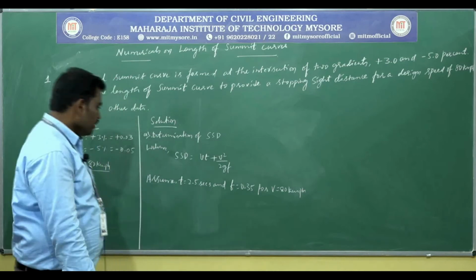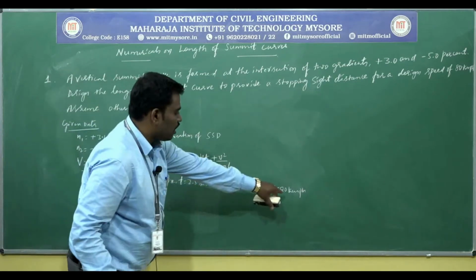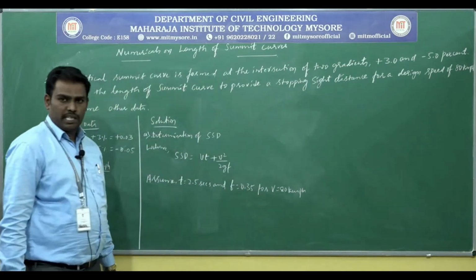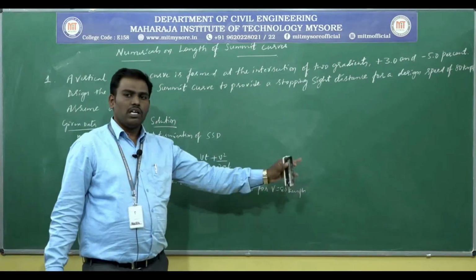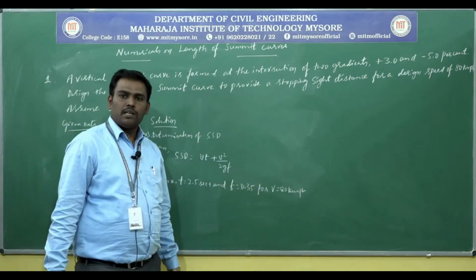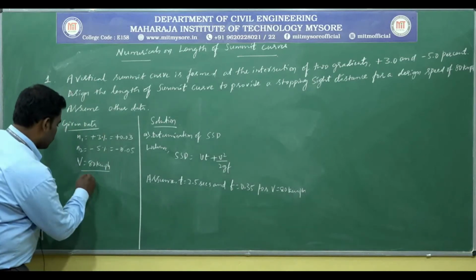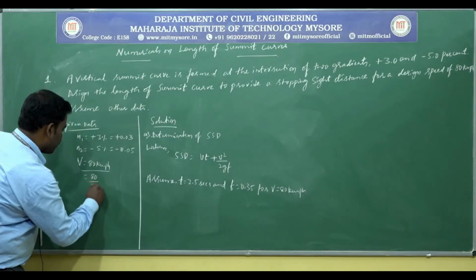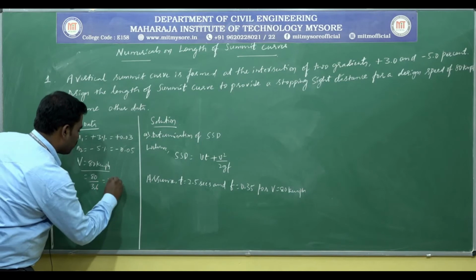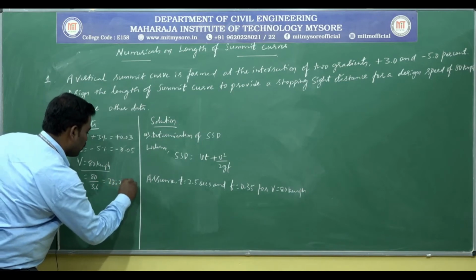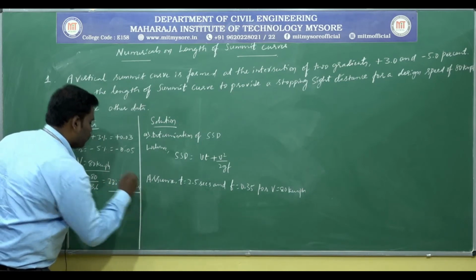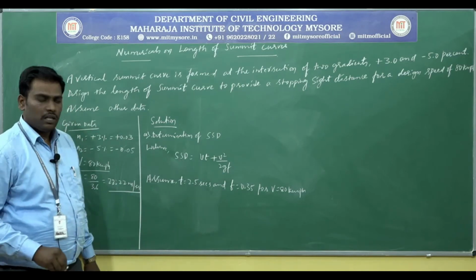And the V is given in terms of kilometer per hour. If you convert V in terms of meter per second, then it becomes how much? That is 80 divided by 3.6, you may get 22.22 meter per second. Is it clear?